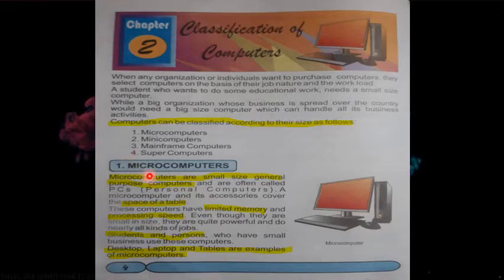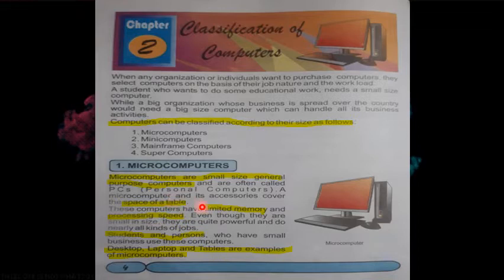So we are going to start with number 1, microcomputers. Micro means small. So microcomputers are small size general purpose computers, and they are often called PCs or personal computers. They are small, so they cover the space of a table only.